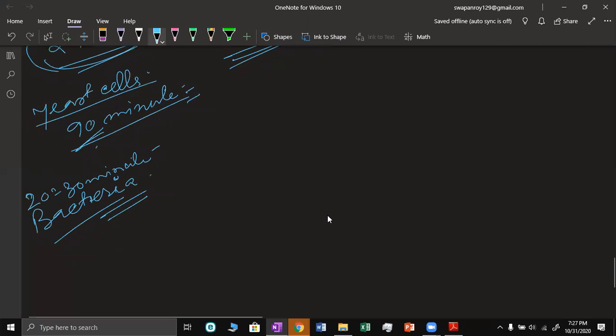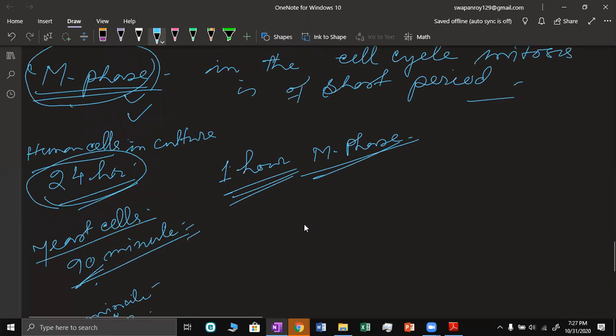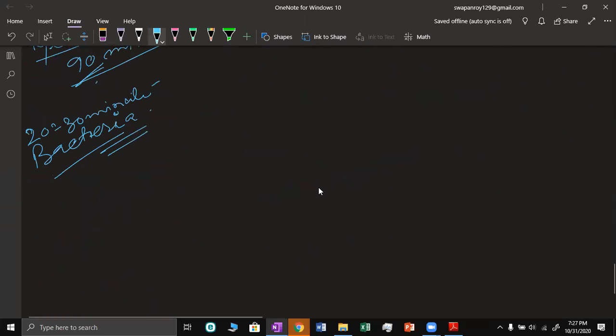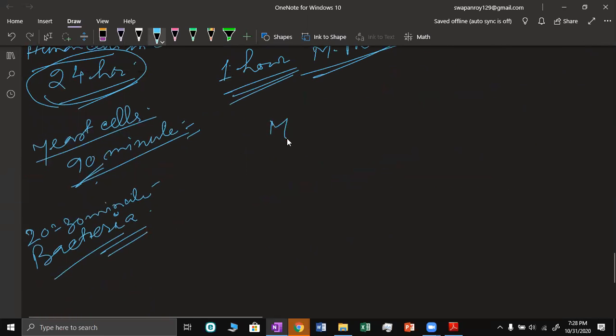Okay. The M phase has different subphases. Here it is.